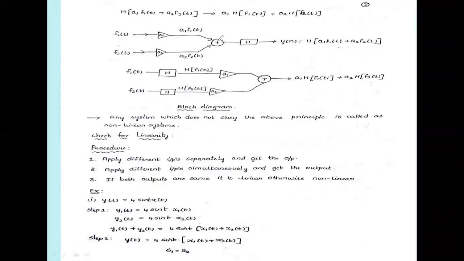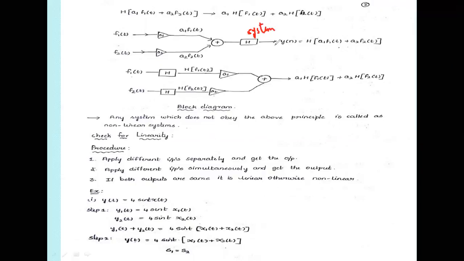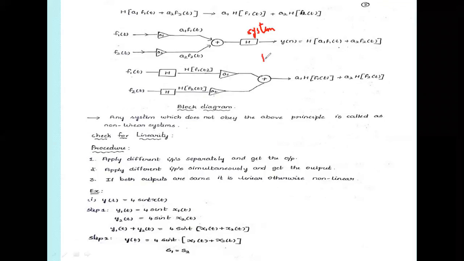Add the two signals, a1 f1 of t and a2 f2 of t, and give the sum to the system h to get the response y of t.